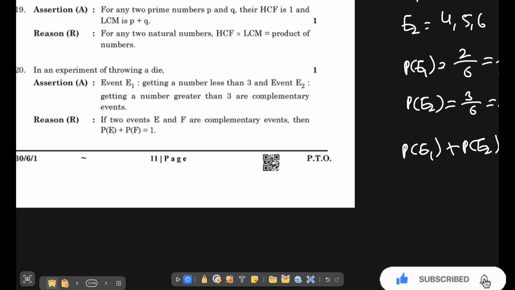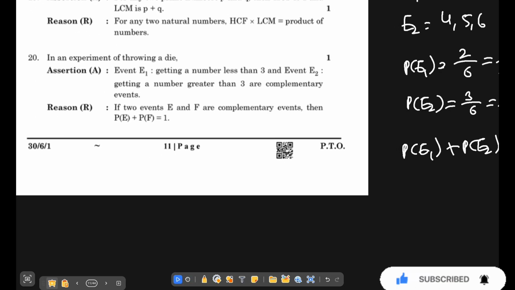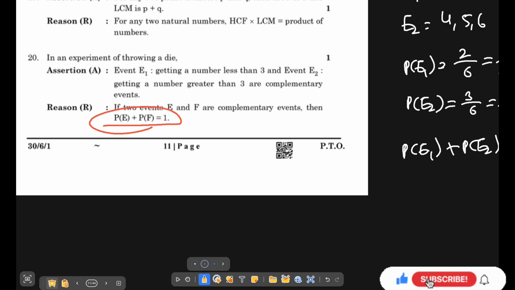Next, what is the reason given here? If two events E and F are complementary events, then P of E plus P of F should be equal to 1. Yes, this is true. So the assertion is false and the reason is true. Option D again. You have to choose option D again.